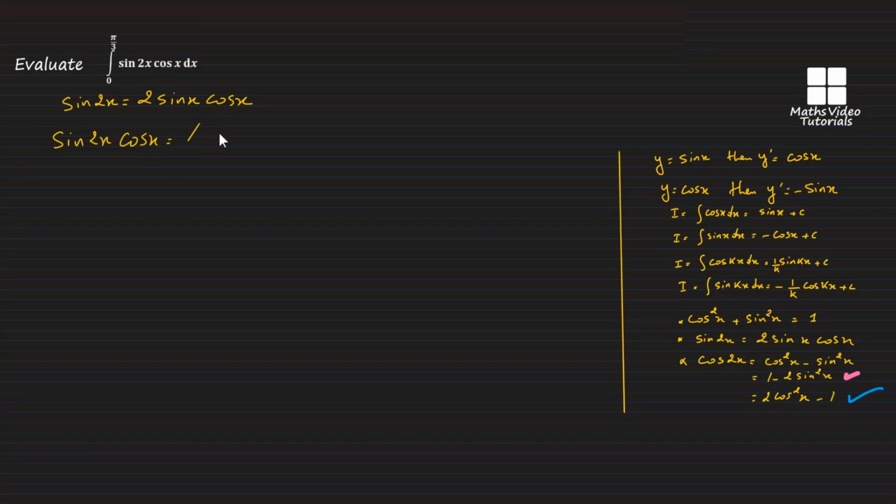So let's do that: 2 sine x cos squared x. So I'm going to leave it as it is. So let's rewrite the integration. Let's call it I is equal to the integral between 0 and pi over 3 of 2 sine x cos squared x dx.